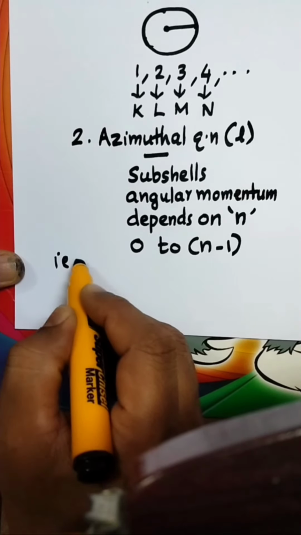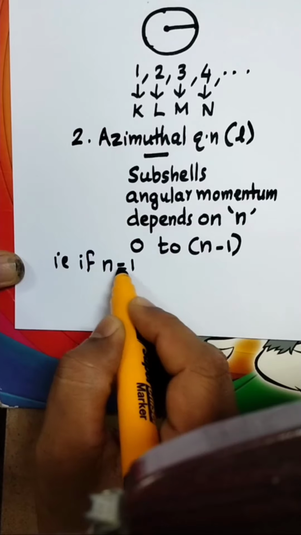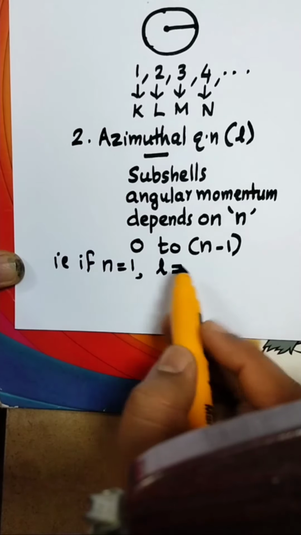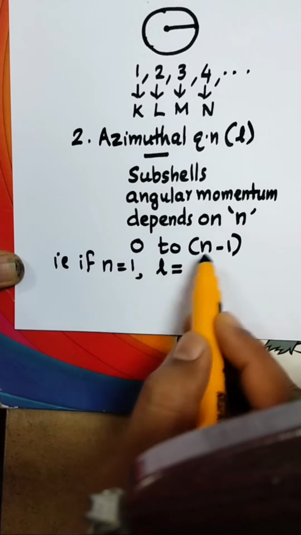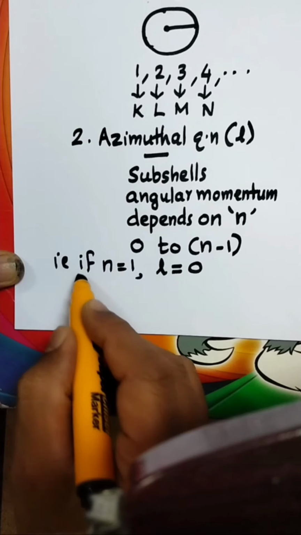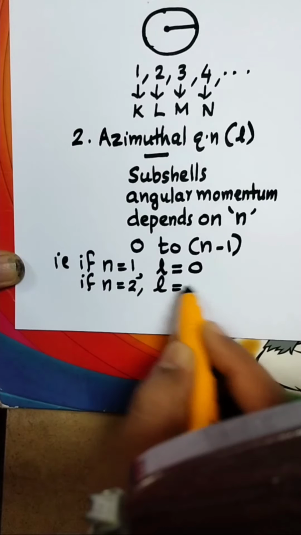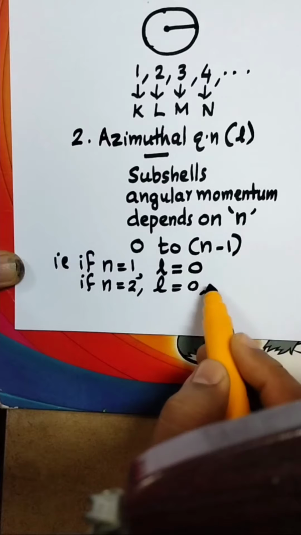That is, if n equal to 1, then azimuthal quantum number has the value 0 to 1 minus 1, that is 0. If n equal to 2, L equal to 0 to 2 minus 1, that is 0 and 1.